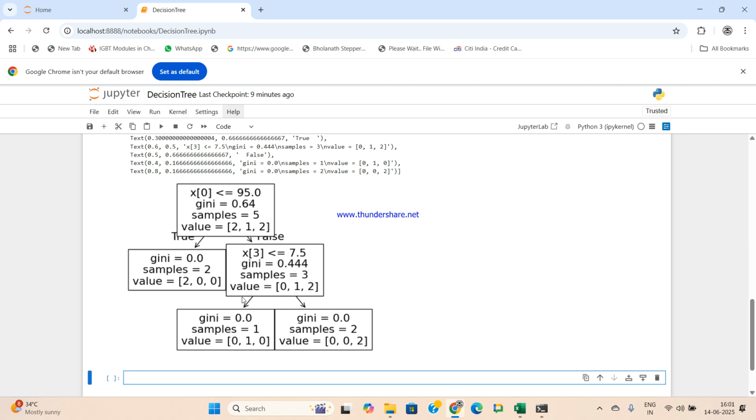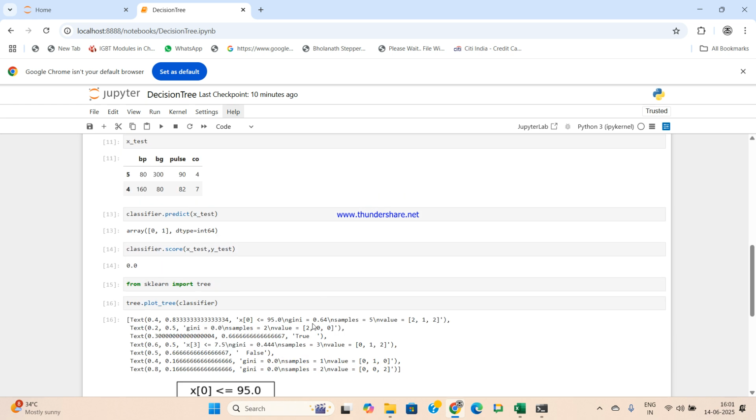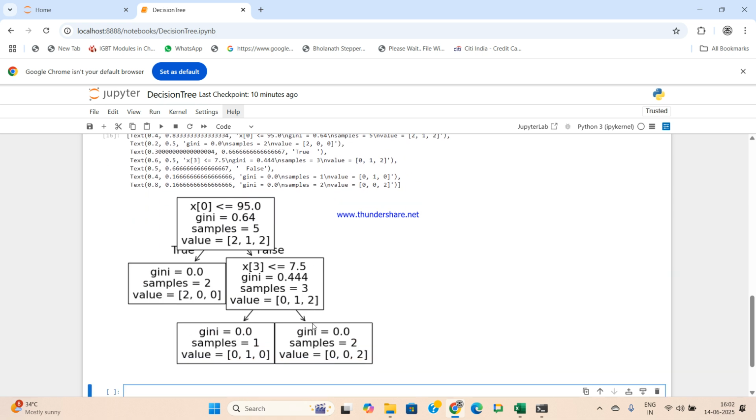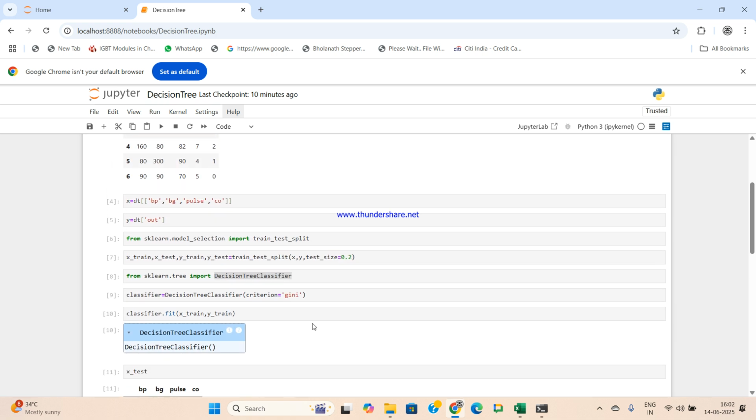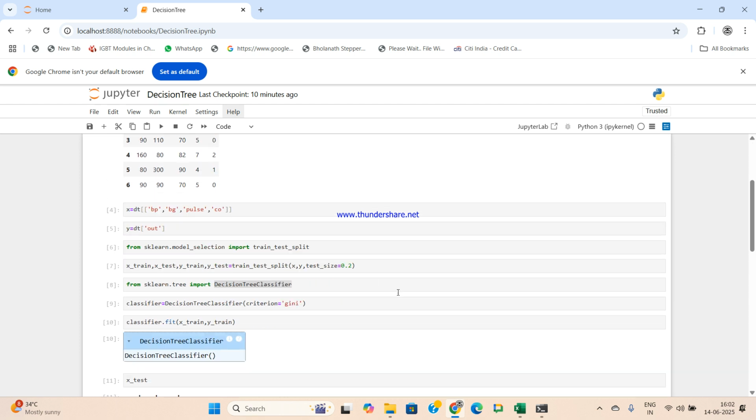In this way we can make the decision tree. You should memorize the syntax and how to do that, because this particular example may not give the exact true result. As I told, when you are working with neural networks and data science, for perfect prediction you need huge data, but the syntax will be the same.